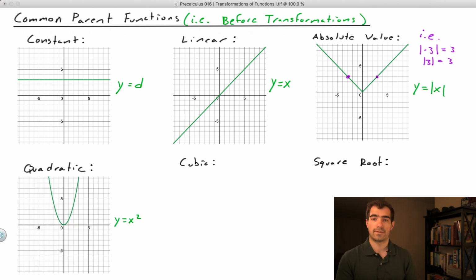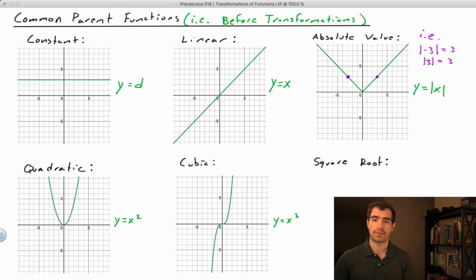You may be familiar with quadratic functions from an algebra class. Right? These are shaped like a parabola and come from the parent function of y is equal to x squared. Again, no other additional parameters, no other additional numbers, we just have the variable term with the exponent. Similarly, we can also think about cubic functions.